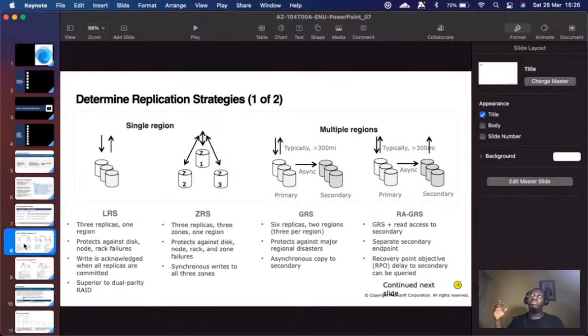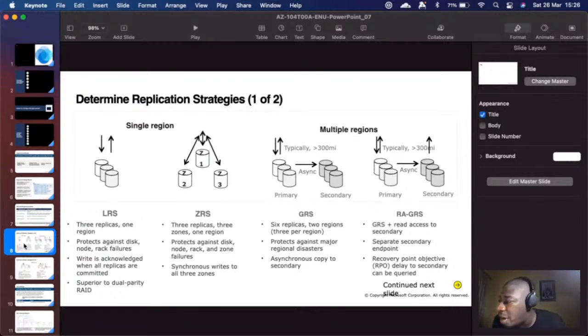So let me say you have a website running on all of that. Your customers would not even know that there was a blackout in the whole region. No one would know, because the secondary region automatically picks up and becomes the primary region.